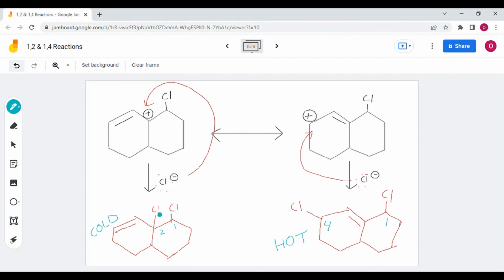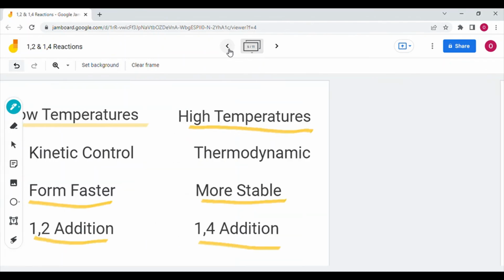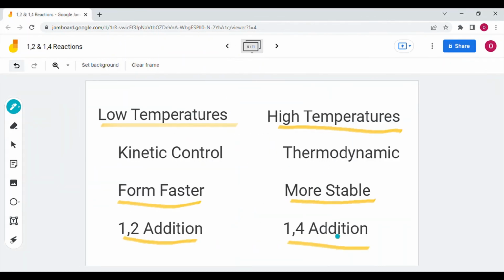Thus, if we go back to our previous slide, we can see that the 1,4 addition is under high temperature because it is more stable due to the double bond, whereas the 1,2 addition is going to be under the cold condition because it is going to form faster.